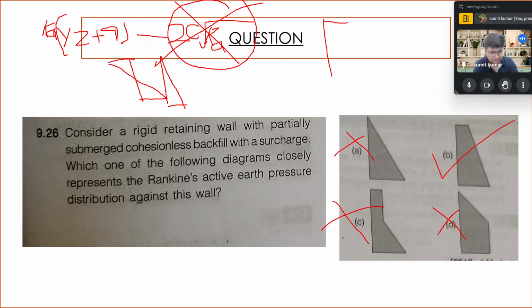So option B is going to be our correct answer, because at 0 it is q only, at 0.1 its value increases, at 1 it increases, at 2 it increases, at 3 it increases. The plot we got for cohesionless soil with a surcharge looks like this only. So option B is our correct answer.